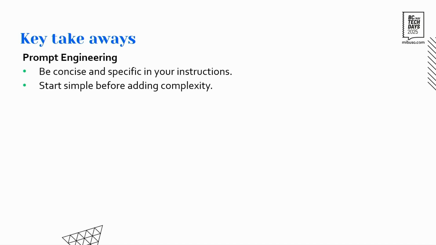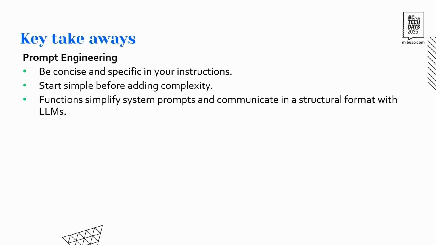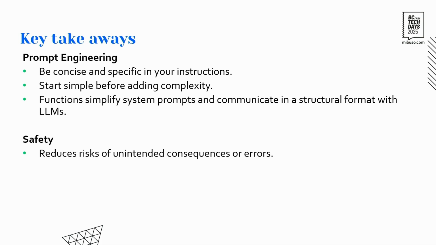Adding more instructions doesn't mean the model is going to adhere better to those instructions. Sometimes it makes it worse. That is where testing really comes into play. And functions can really simplify your prompts and make your systems better. And safety, it can help reduce the unintended consequences.